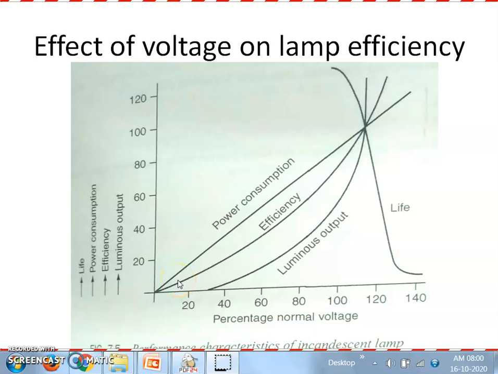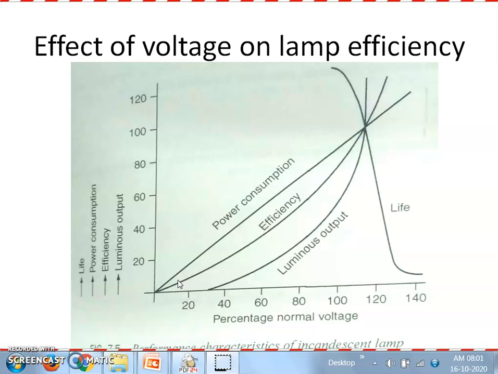Good morning. In the last class we have already discussed course objective 3, that is energy efficient performance in lighting systems, the energy efficient aspects in lighting systems.